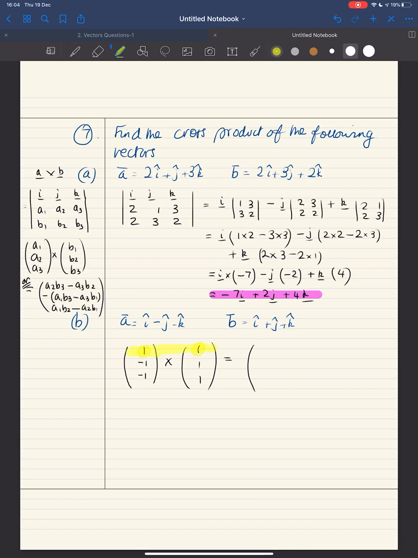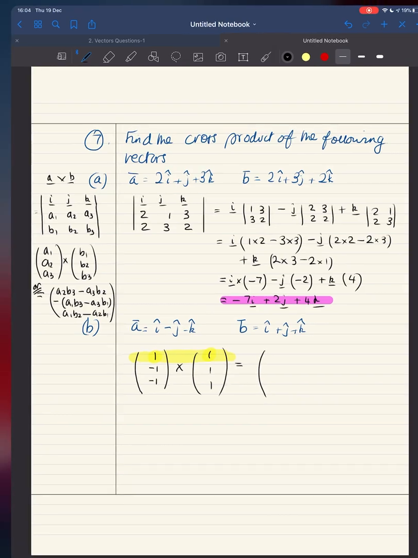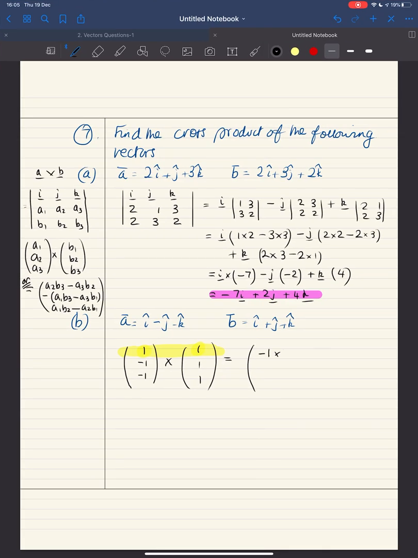It's almost like putting a pen across the top row. And then it's minus 1 times 1 minus 1 times 1.